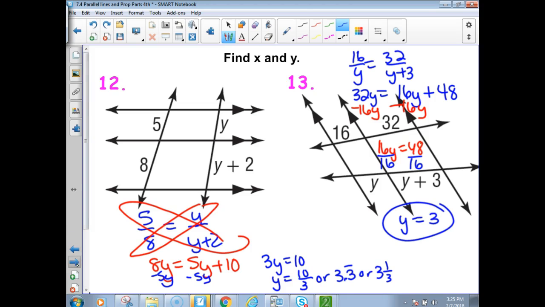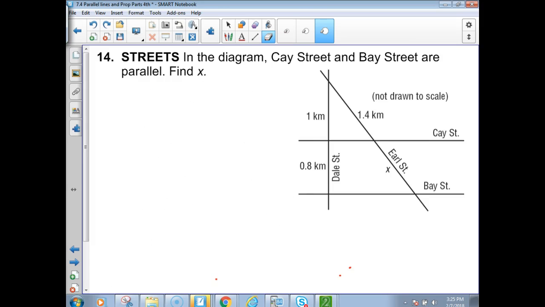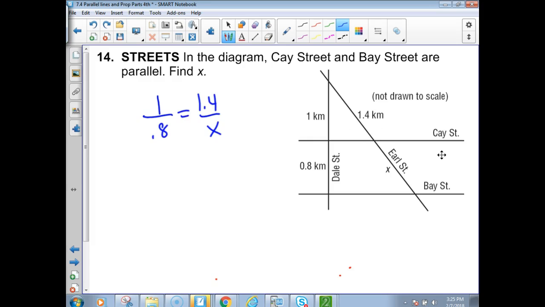Lucky number 13. Okay, and then 14 is streets, and I just showed you the answer, but this is no different than what we were just doing, so don't be afraid of these word problems. 1 is to 0.8 as 1.4 is to x, because K and Bay Street are parallel.